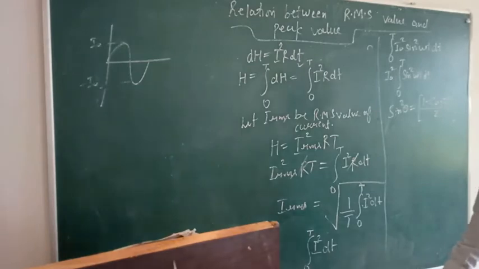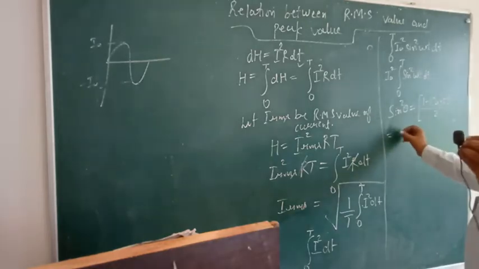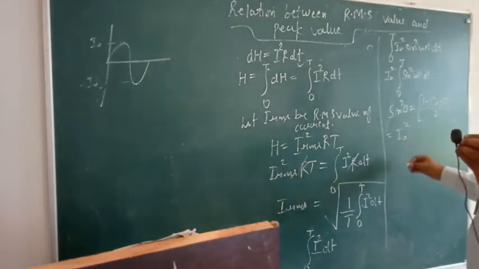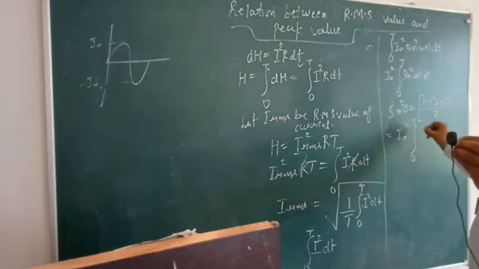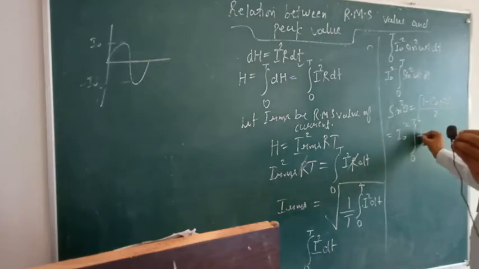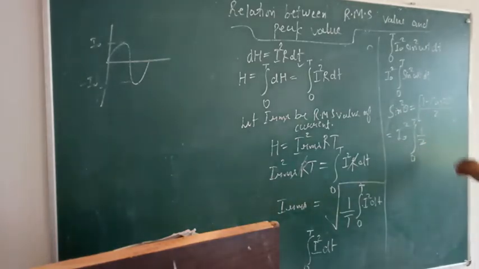This is the formula: sine square theta is equal to 1 minus cos 2 theta upon 2. So this will turn out to be I naught square, integration 0 to T, 1 upon 2 minus cos 2 omega t upon 2, dt. I have written it separately for both.